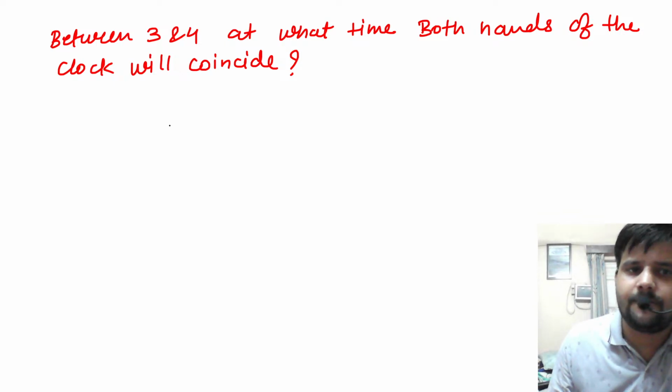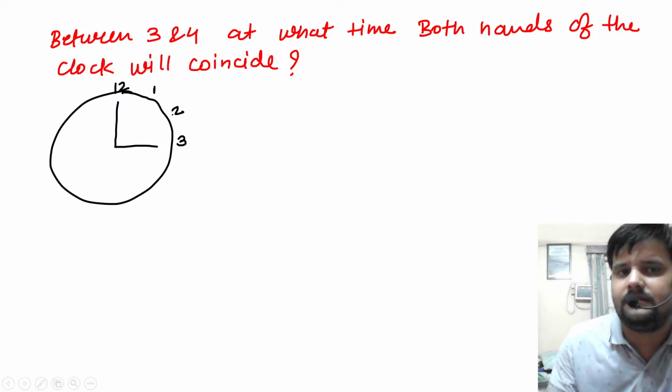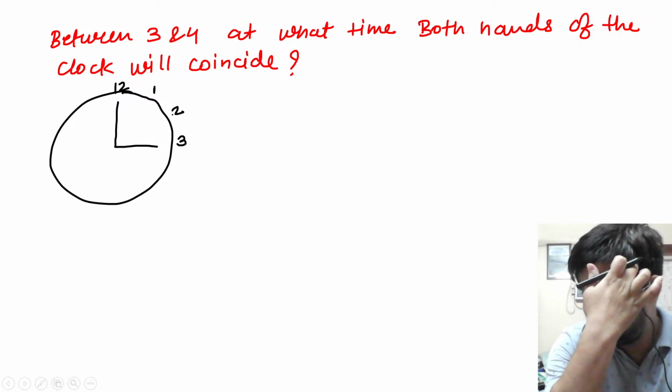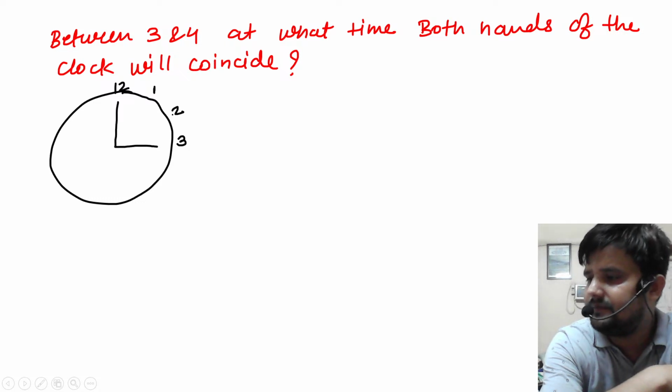Okay, now see here. First of all, we are making the position of the needles at 3. So it will be at 12, it will be at 3, it is 2 and it is 1. So currently what is the angle between these two? Just tell me what will be the angle between the needles at 3.